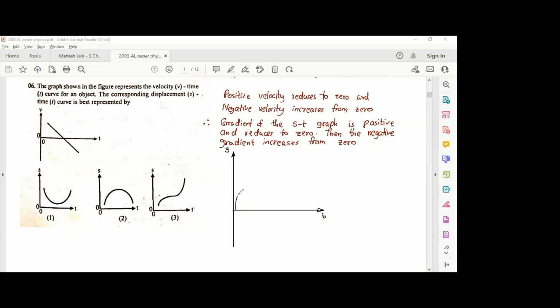So initially we have a positive gradient, that means a positive angle, and it becomes 0. Then the gradient becomes negative, so it's an obtuse angle, and it's increasing. You know, the gradient value is increasing when the curvature increases. So the answer is the second one.